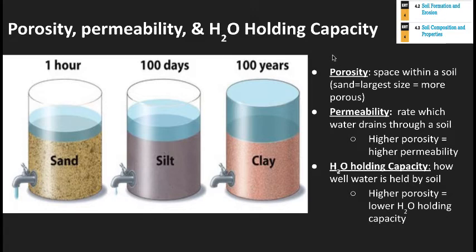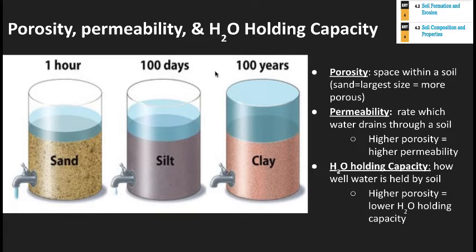Permeability is the rate at which the soil allows water to move through it, to permeate through it, and so it's really representing how fast water can drain through this soil sample. If you have more porosity, you have a higher permeability. Water holding capacity is how well water is held by the soil.